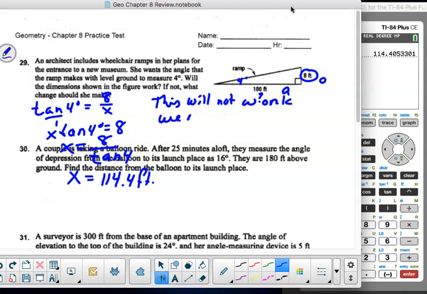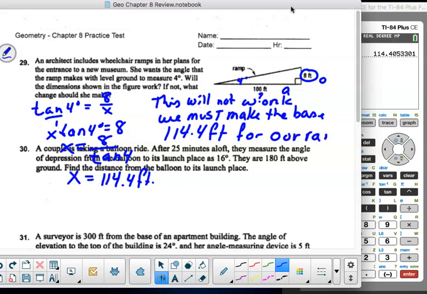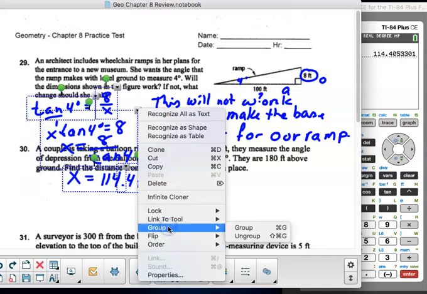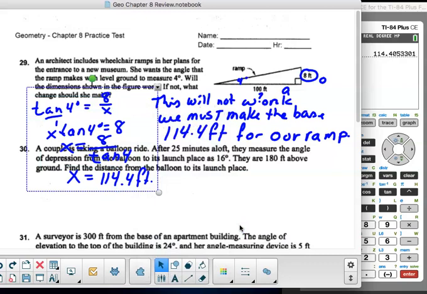We must make the base 114.4 feet for our ramp. Okay, so I've got my work, and that's what I did, and I'm just checking to make sure what I think I can do will work.